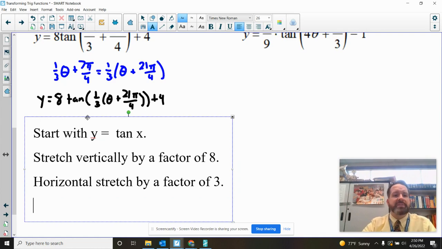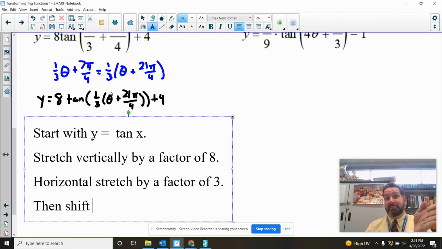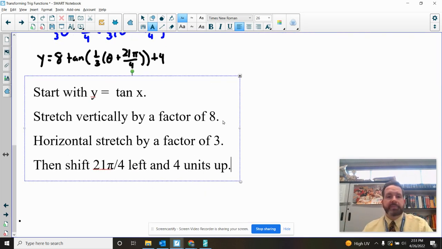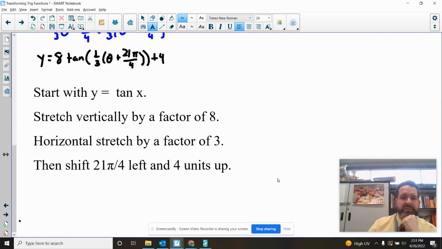Now let's talk about shifts. Then shift 21 pi over 4, and it's a plus, so that'll be to which way? To the left. So then shift 21 pi over 4 left and 4 units up. Okay, so we've described the transformations.